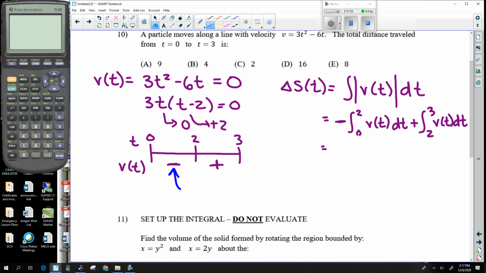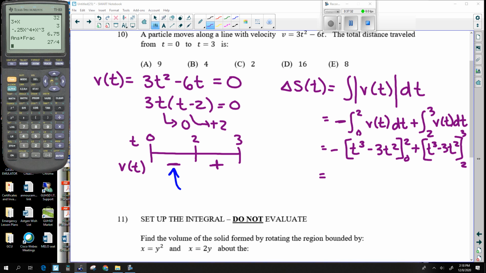All right, so the integral of velocity, I'll just kind of work on the fly, is going to be t to the third minus 3t squared. All right, so that first one, I'm plugging in a 2.